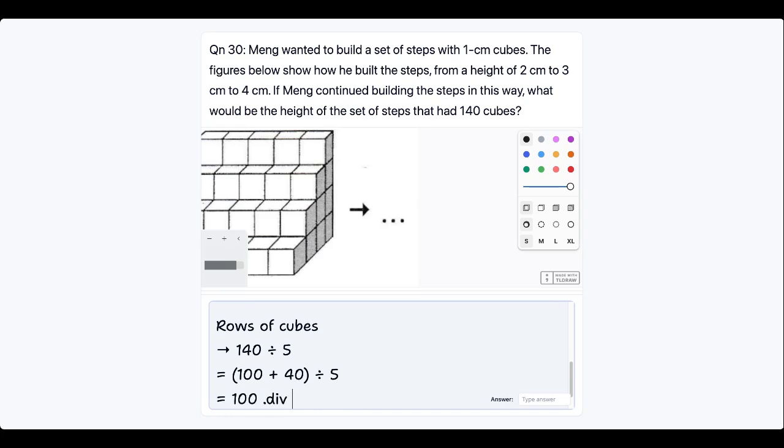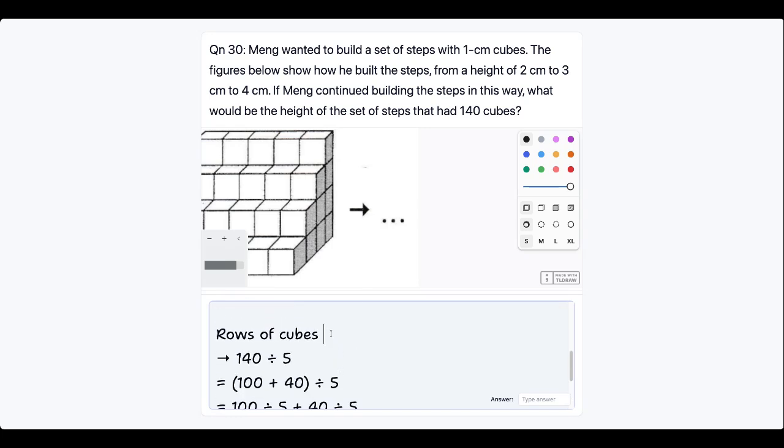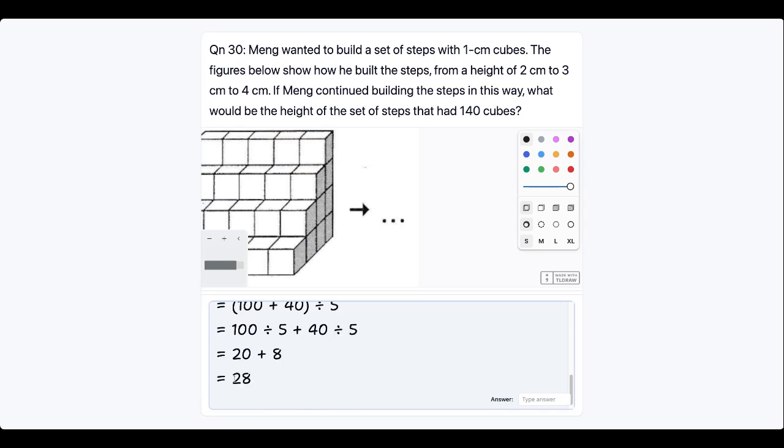So 100 divided by 5 plus 40 divided by 5. Okay, which is equal to 20 plus 40 divided by 5 is 8, which is equal to 28. So we know that the number of rows of cubes for 140 cubes is equal to 28, right?